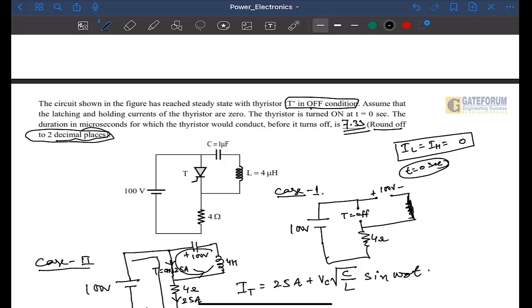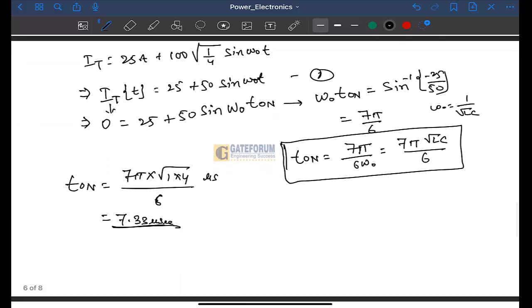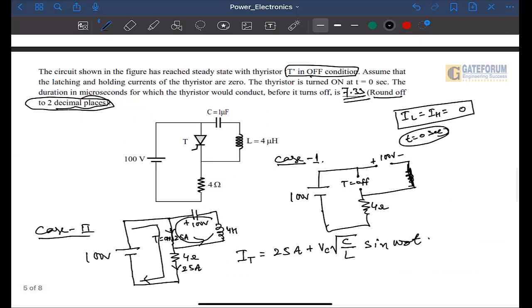So whenever you solve these kind of questions, take care of the unit if they are asking in millisecond or microsecond, and also take care to what decimal places they have asked to round off, and with these two cares you will get full marks.